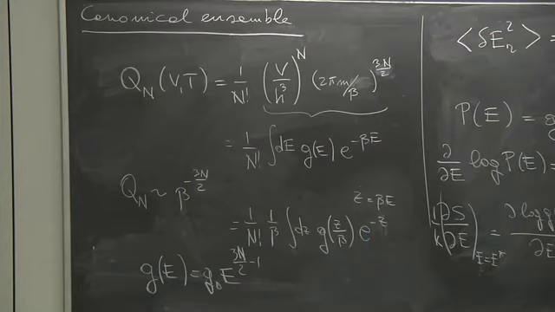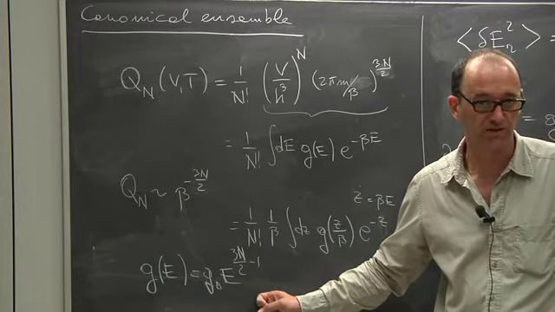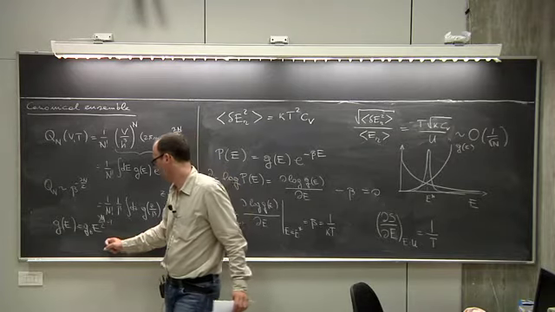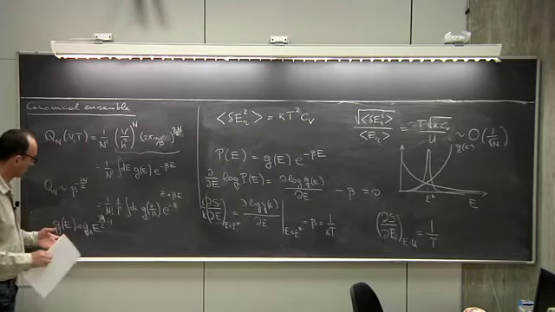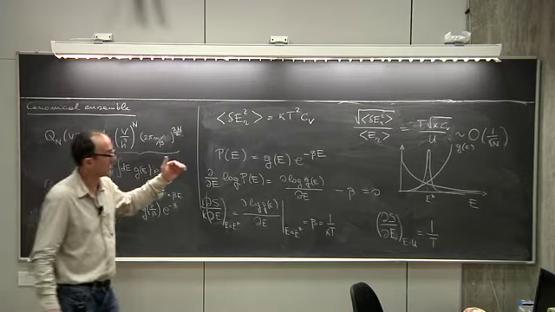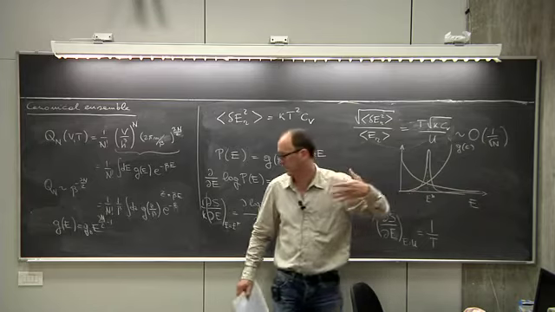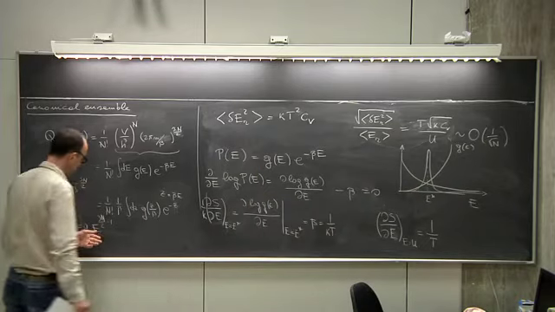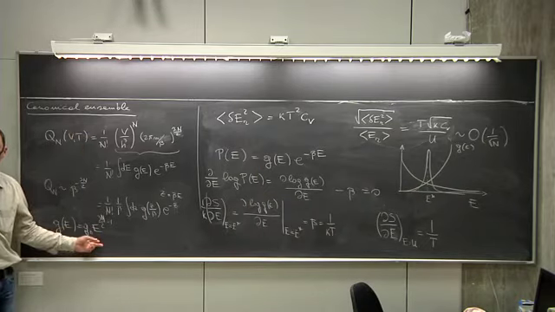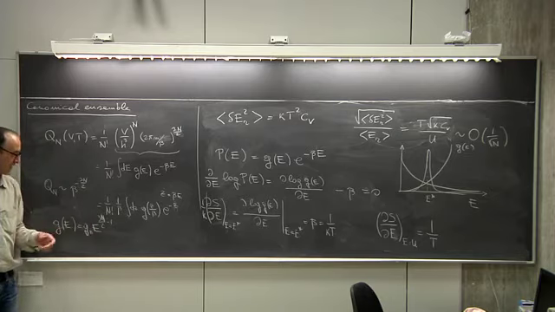However, it is important that this is increasing slower than exponential, because if it was increasing as an exponential, then the probability distribution would not be normalizable. This is increasing as a power of the energy, so slower than exponential.